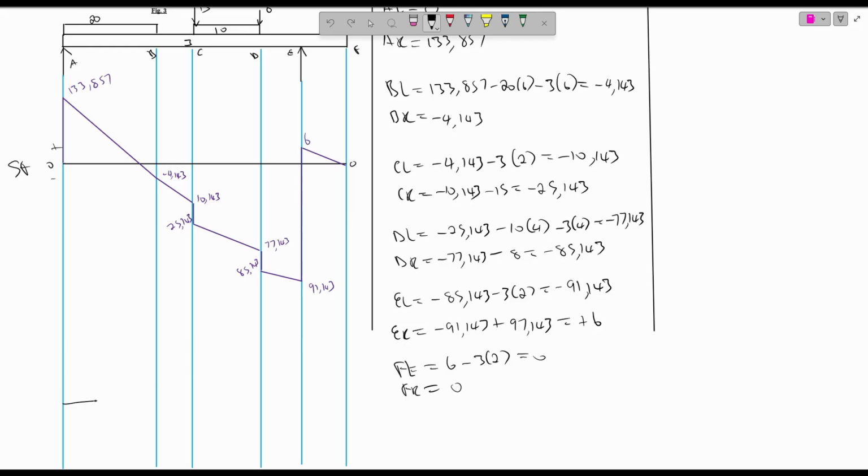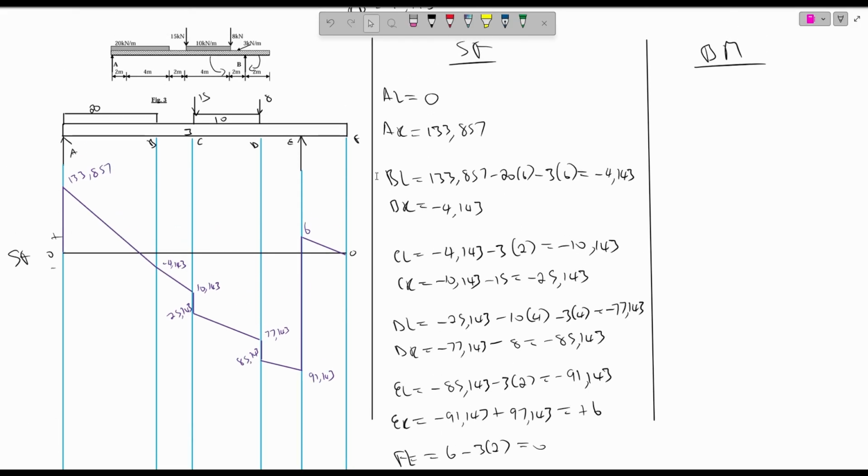Bending moment is going to be shear. So for the bending moment, we are going to use these shapes here. Before I find the shapes, let's find this distance.